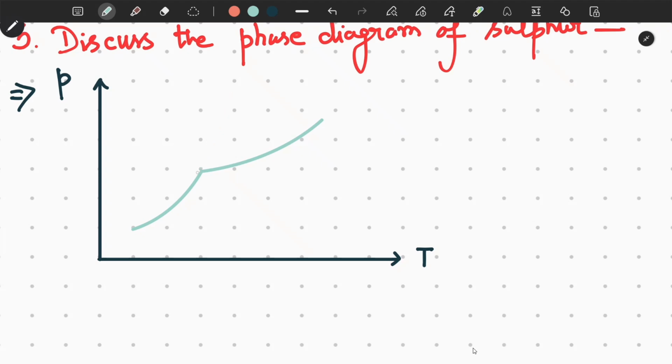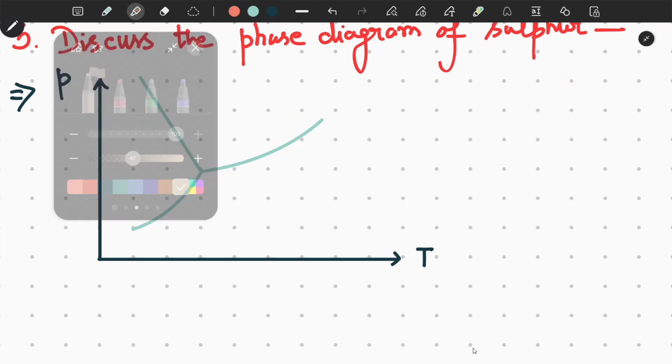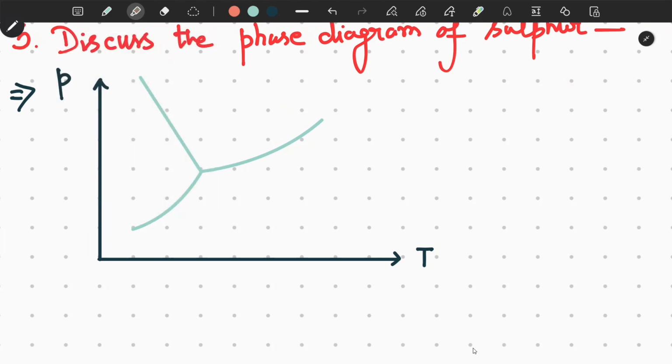It's negative slope for water. It will be straight line. So this part is solid. Okay.